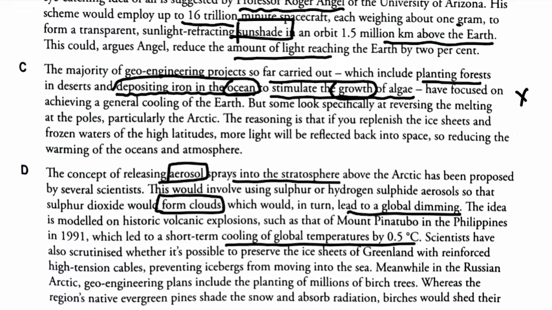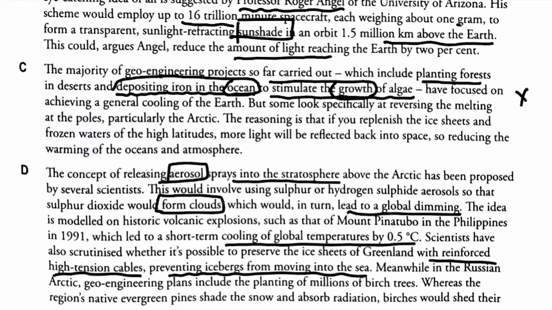Scientists have also scrutinized whether it's possible to preserve the ice sheet of Greenland with reinforced high tension cables, guys, preventing icebergs from moving into the sea. This is also one of the keywords we have mentioned, guys. So let's try to relate this.